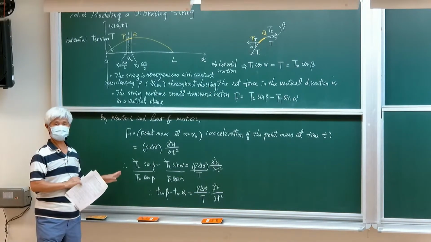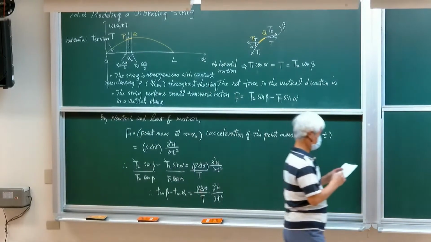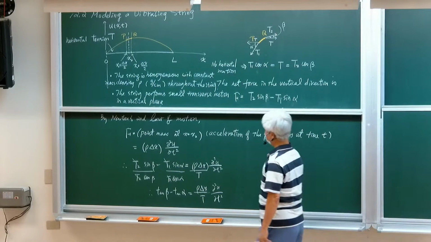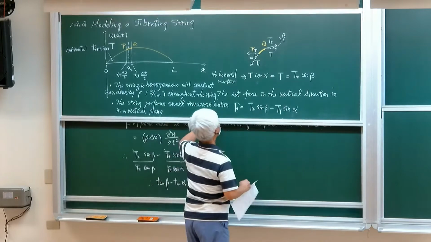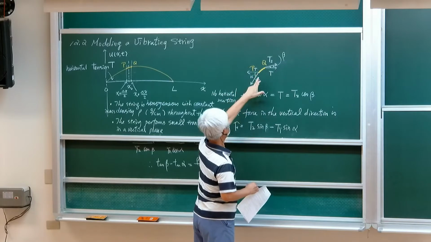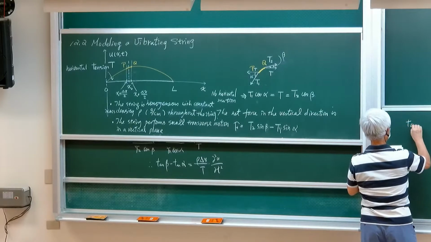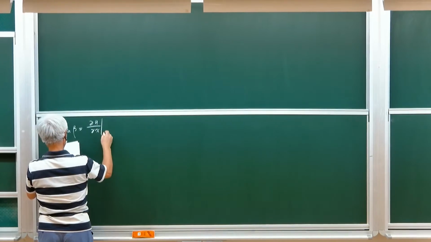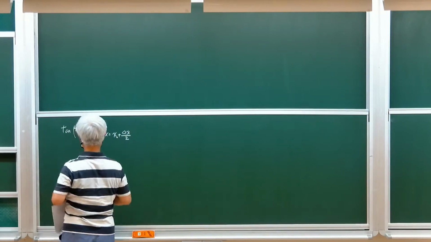Any questions up to now? Okay. Now, the tangent represents the slope, right? Of the tangent T1, so we know tangent beta is the slope at x equal to x0 plus half of delta x.